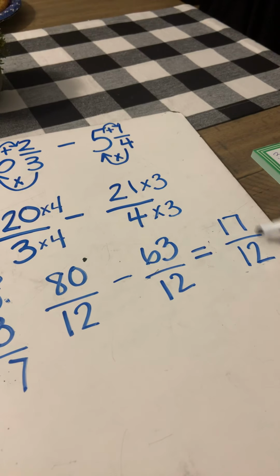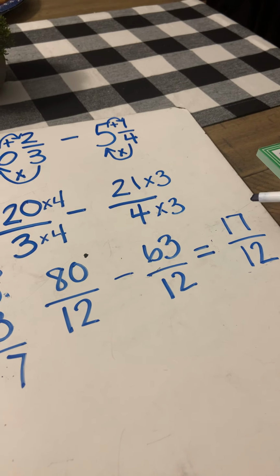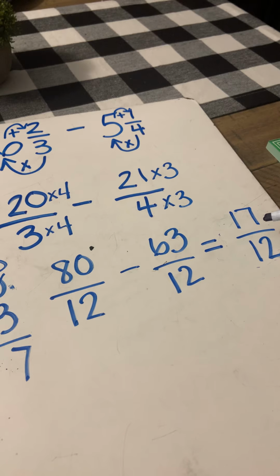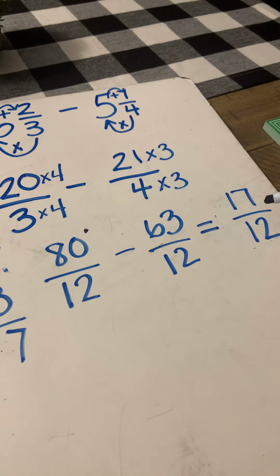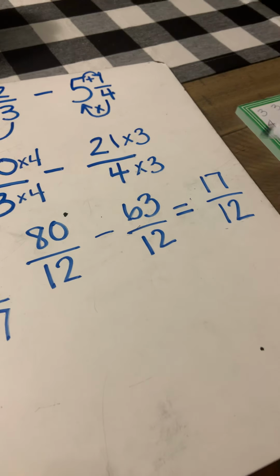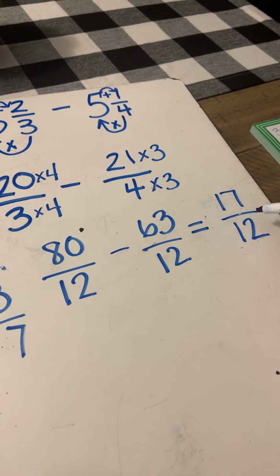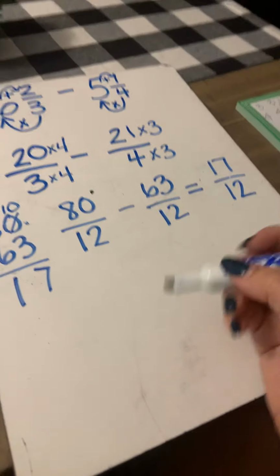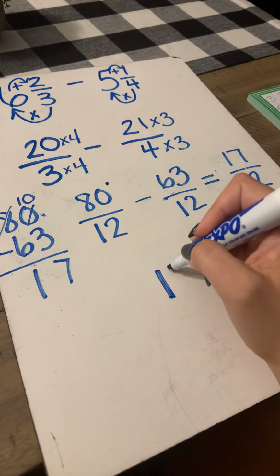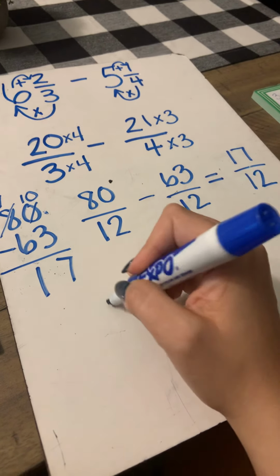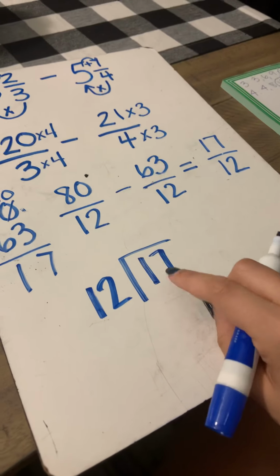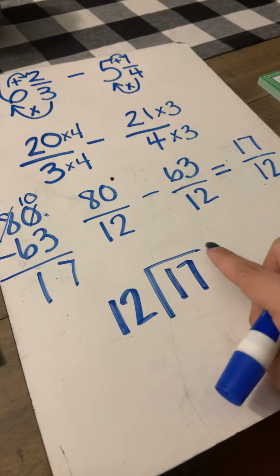We can't stop here. You're going to make this improper fraction back into a mixed number. In order to do that, you have to divide. We're going to write 17 divided by 12. The numerator always goes inside the bar.